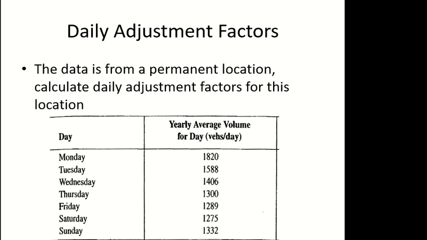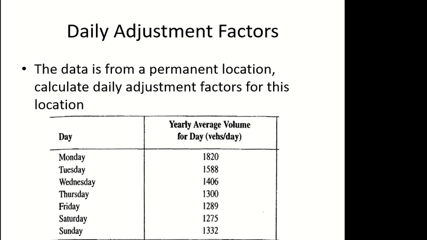They did the same thing for Tuesday, Wednesday, and so on and so forth. So each value is an average for the entire year, but it's per day, an average per day for that day of the week.